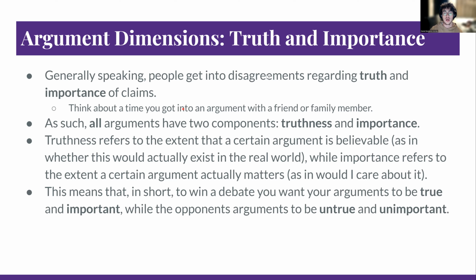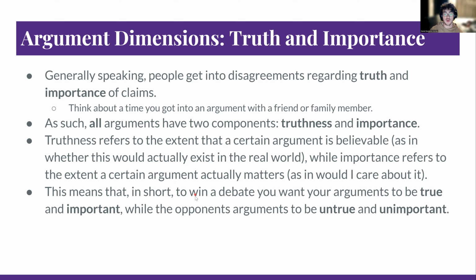So, all in all, you will always have two dimensions of an argument, two components: truthness and importance. Truthness refers to the extent that a certain argument is believable, as in whether this would actually happen in the real world, while importance refers to the extent a certain argument actually matters, as in what do people care about and to what extent do we care about this specific thing or outcome more than we care about other things.